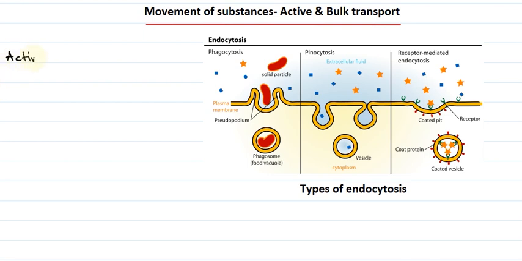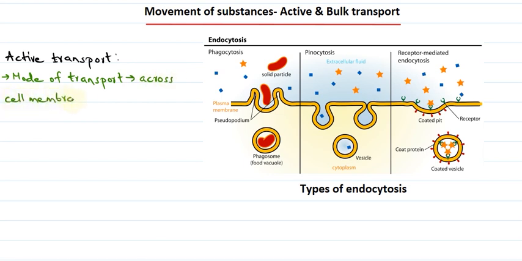Active transport. So let's see what is active transport. Active transport is a mode of transport that takes place across the cell membrane or plasma membrane.